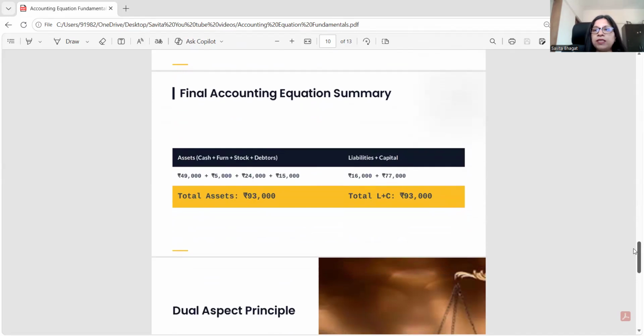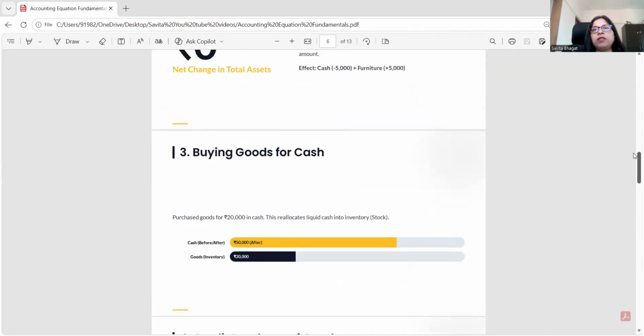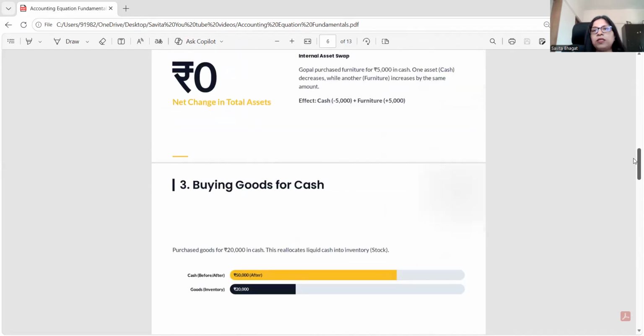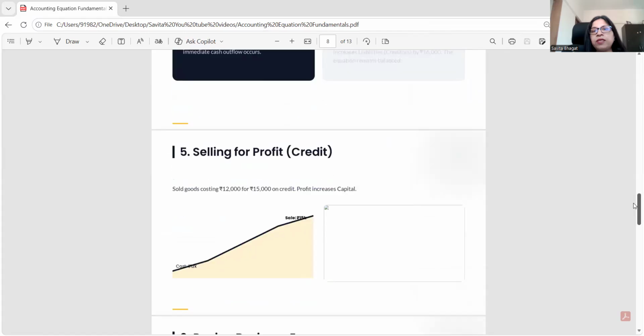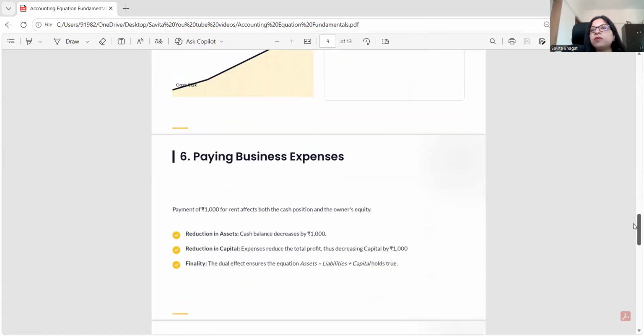So he started with 75,000. Initially, when we saw our example, the capital was 75,000. He added 3,000 of additional profit and subtracted the 1,000 of expenses which he paid, which reduced his profit.